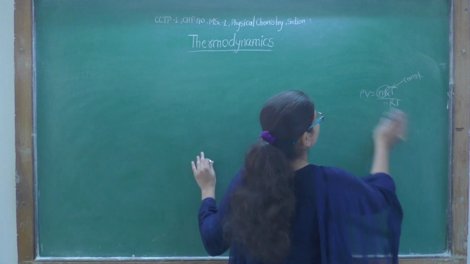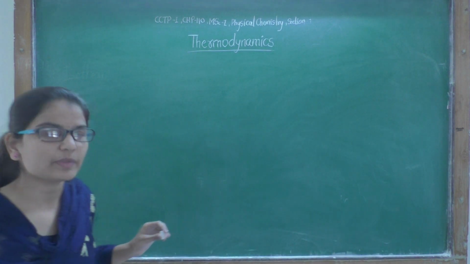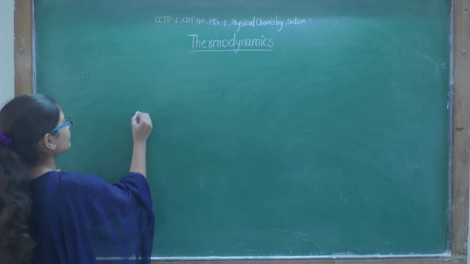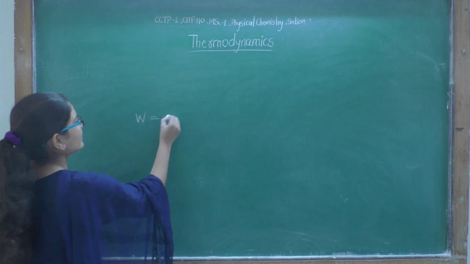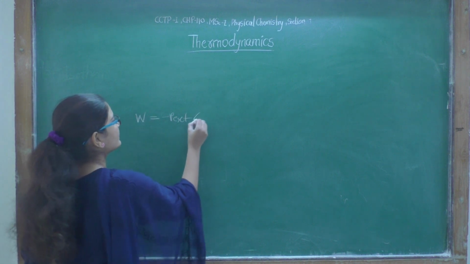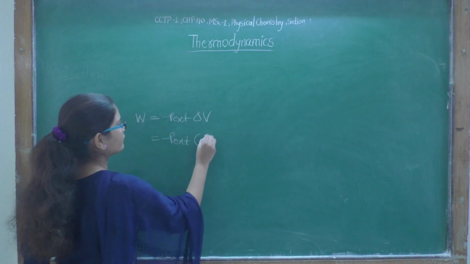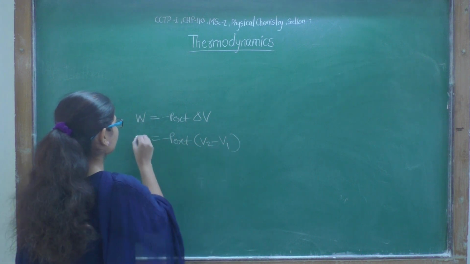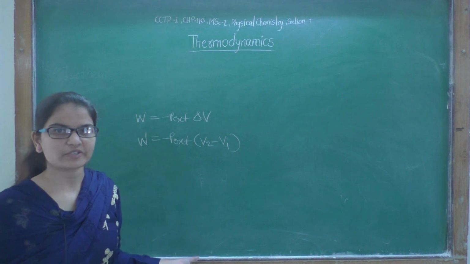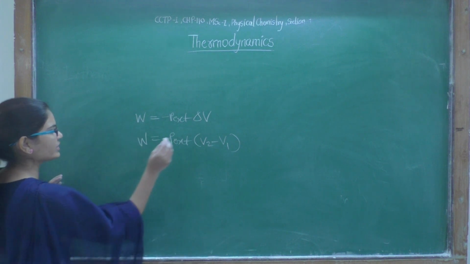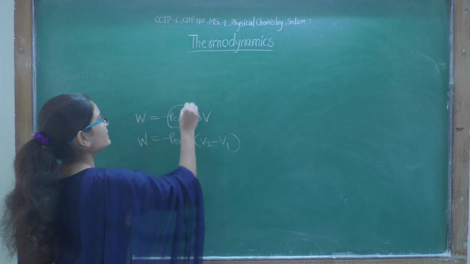Now for the irreversible process, what will be the isothermal irreversible expansion? Work will be minus P external delta V. It is equal to minus P external into V2 minus V1. That's it. And what about free expansion? If there is free expansion, then P external will be 0.